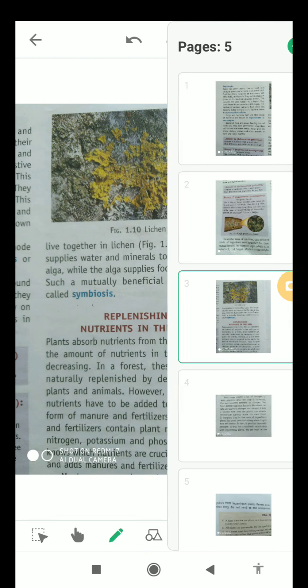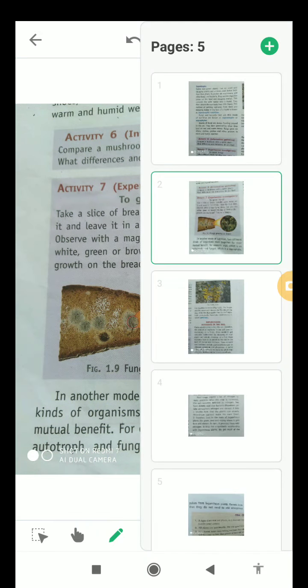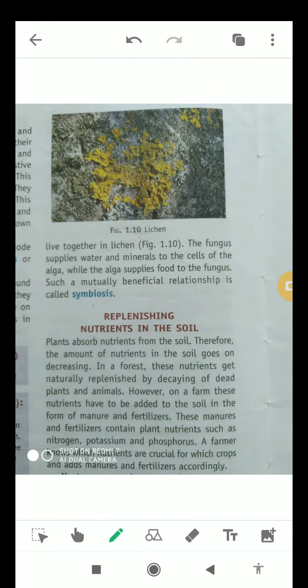Both alga and fungi live together in lichen. The fungi supplies water and minerals to the cells of the algae, while the algae supplies food to the fungus.